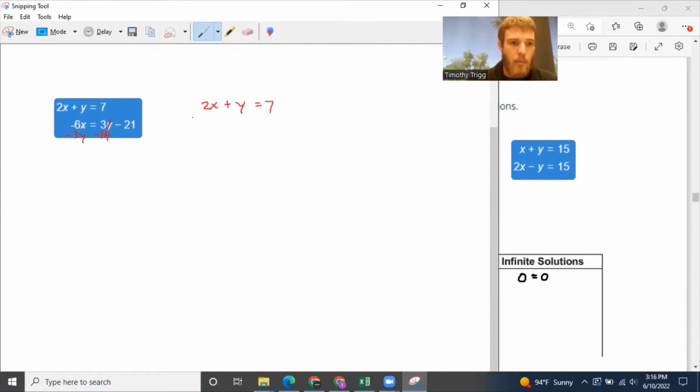And then on the bottom, we have negative 6x minus 3y equals negative 21. So notice in this case, I had to rearrange some stuff in the bottom equation in order to make things line up, right? I need my x's lined up, my y's lined up, the equal sign lined up, and then the constants lined up. So you need everything lined up before you could start thinking about eliminating anything.